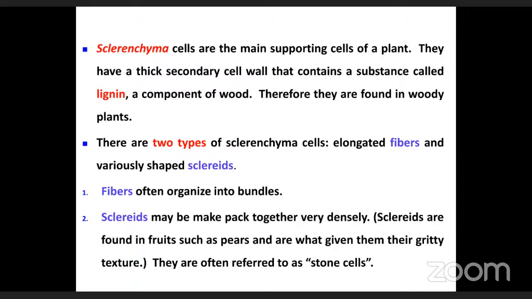Rubber is obtained from the latex of the Hevea brasiliensis plant, the Para rubber plant, which belongs to Euphorbiaceae. The latex of this plant contains 30% rubber. It yields 2000 lbs of rubber per annum.